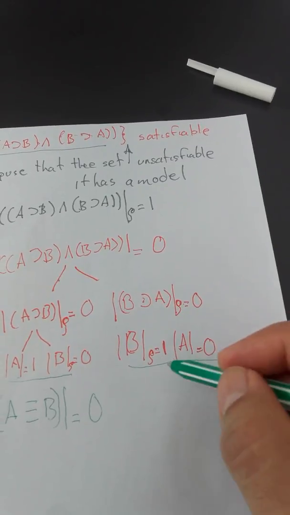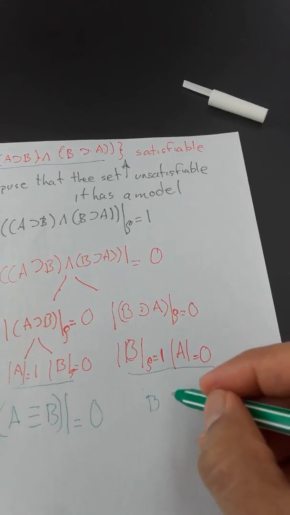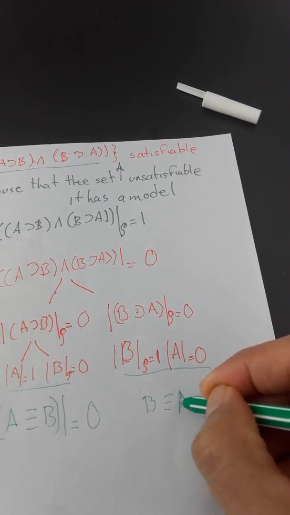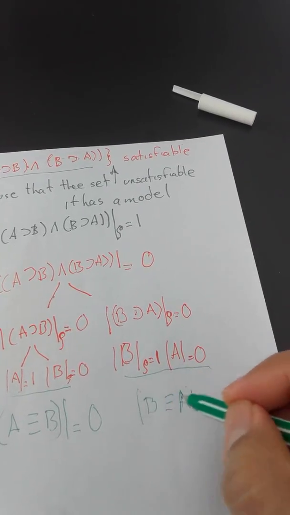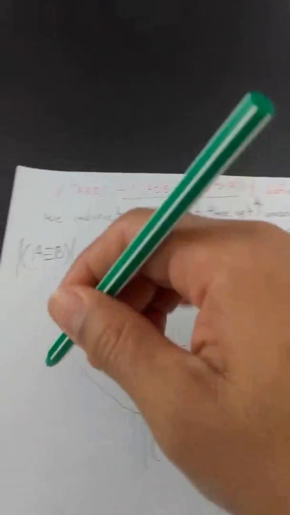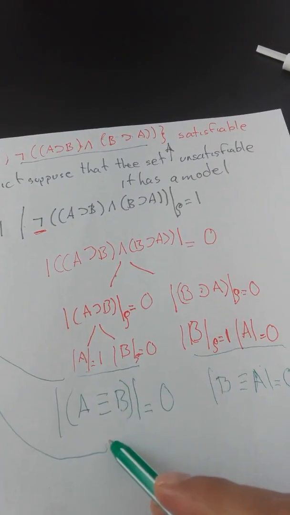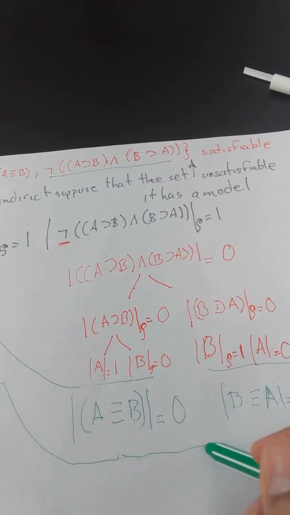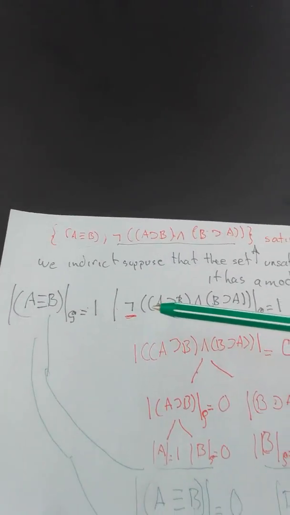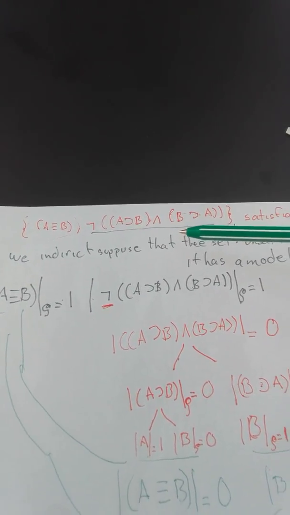As well, in this part, we have the B, which is 1, and A. If we construct one formula, the result will be 0. So here and here, we find a complete contradiction. So that means this formula is not satisfiable. That means, in other words, the opposite can be satisfiable.